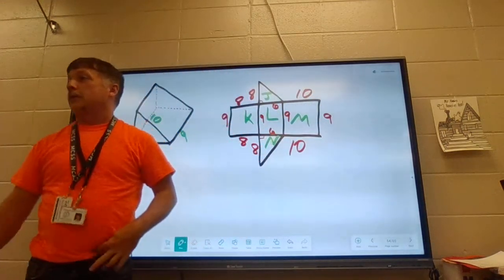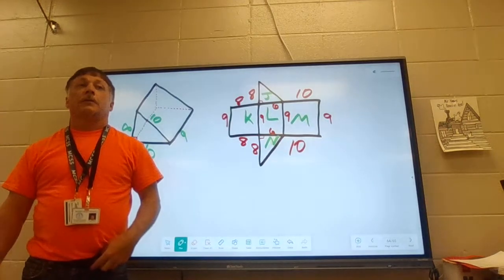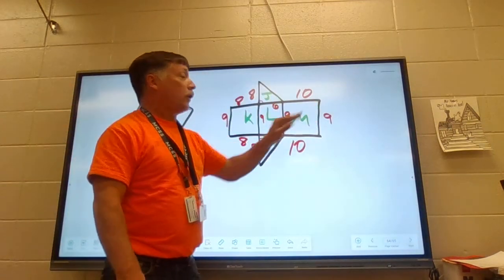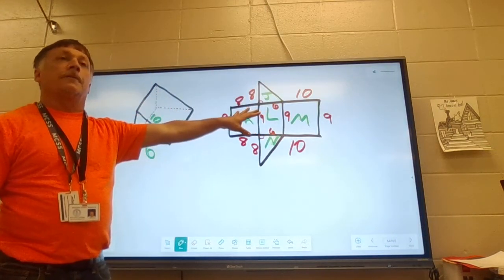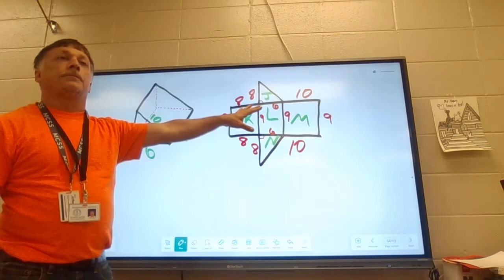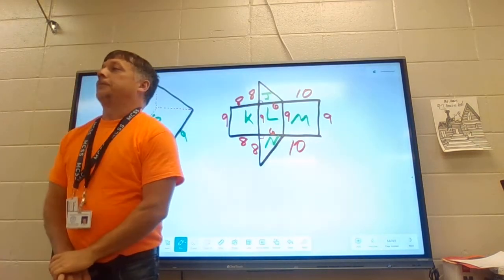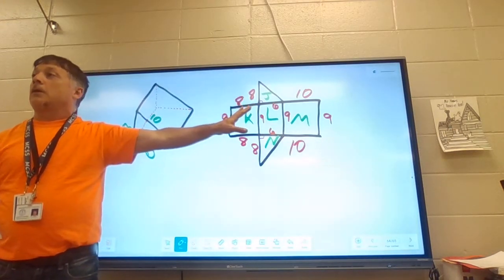Now, could we find the area of each one of them, and find the total surface area? Yes. Okay. Do we not have a length and a width of every rectangle here? Yeah. So what's going to stop us now? Anybody else have any questions about information here?